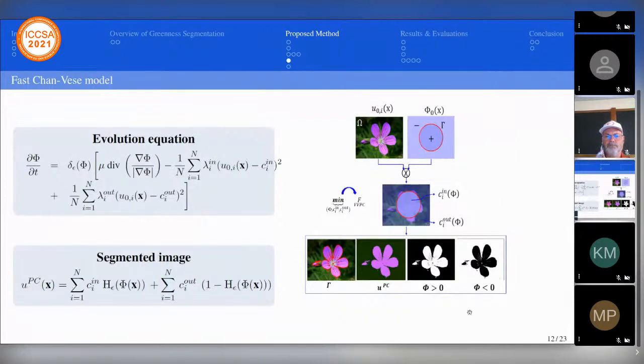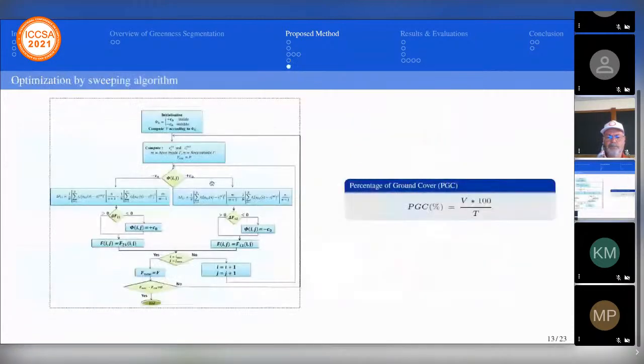More often, for the optimization issue, we use the gradient descent method, which is known to be stable, but it is slow. Because of that, we have chosen to use the sweeping algorithm for the optimization.